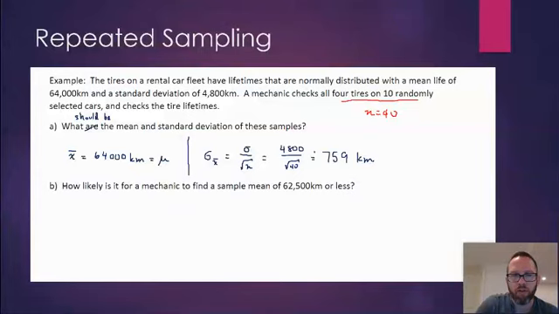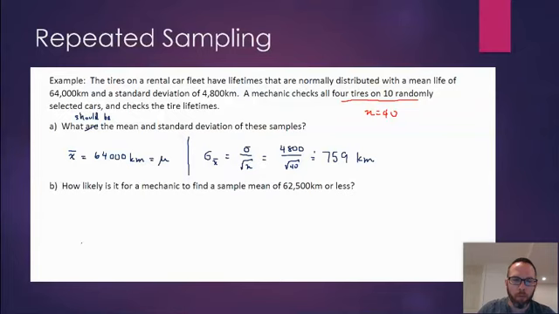Let's imagine this mechanic is checking the lifetimes. The manufacturer says the lifetime is 64,000. How likely is it that he selects 40 tires and the sample mean is 62,500 or less? Maybe they're overinflating the life they're giving us. Well, we can check this out.